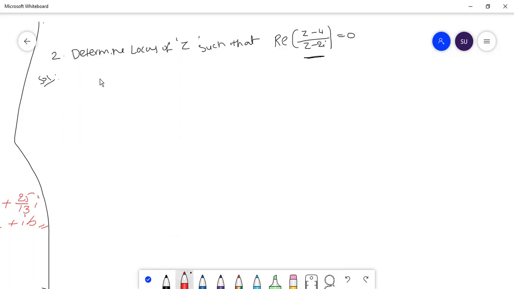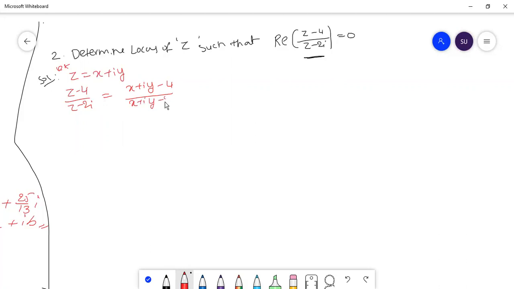let us consider z is equal to x plus iy. Then first we need to find this complex number value. That means (z minus 4) by (z minus 2i) is equal to, now we'll simplify it, (x plus iy minus 4) by (x plus iy minus 2i). In place of z I am writing x plus iy.